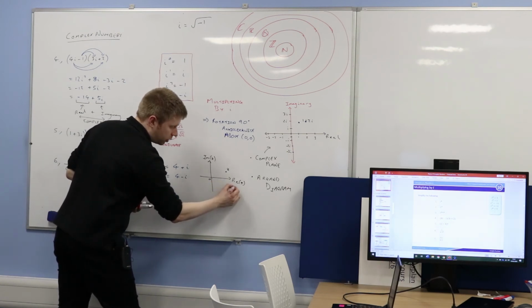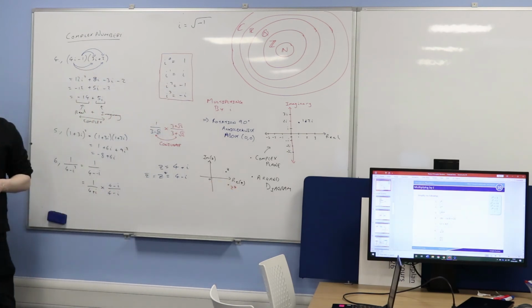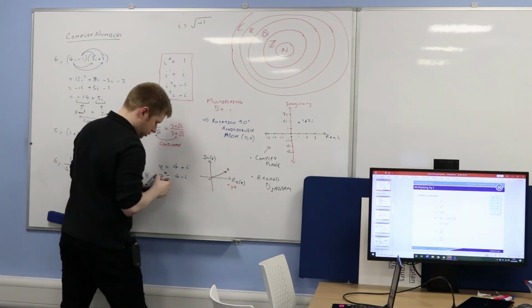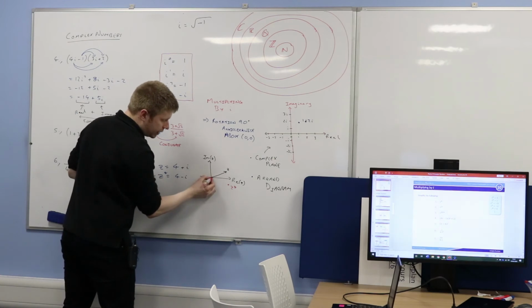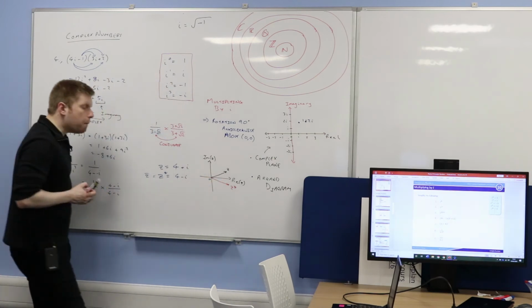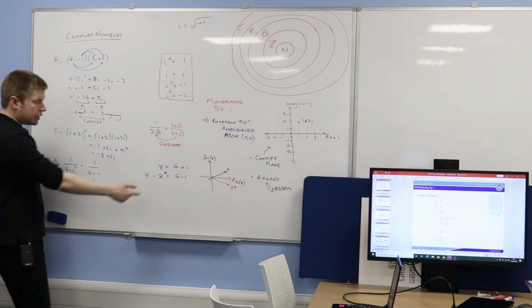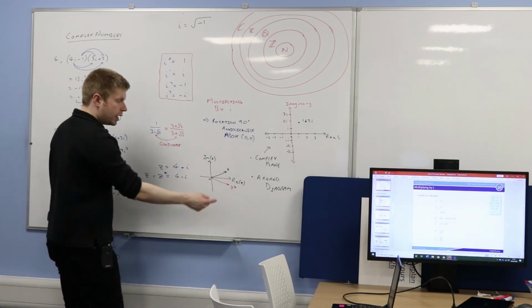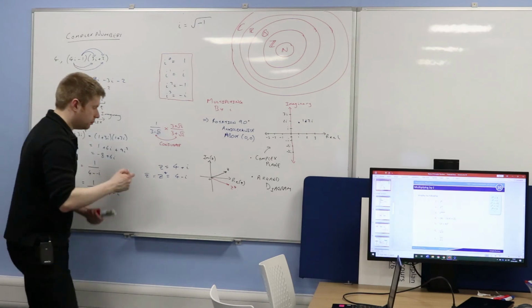So that would be z star, my conjugate. So you notice, if I draw a vector in from the origin to that point there, the relationship between complex conjugates is a reflection in the real axis.